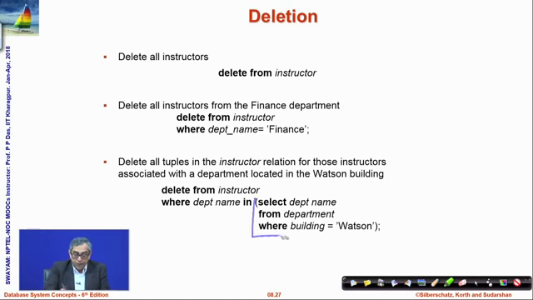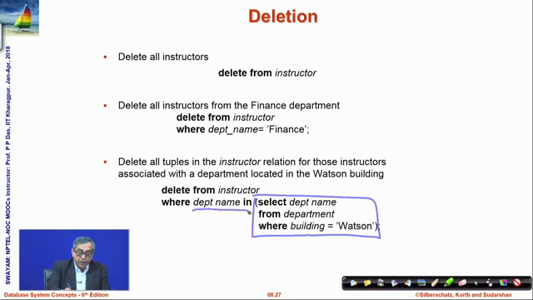Again you are using a nested query. Now, you know how to use a nested query. It will give you a relation with a single attribute with names of departments housed in the Watson building.